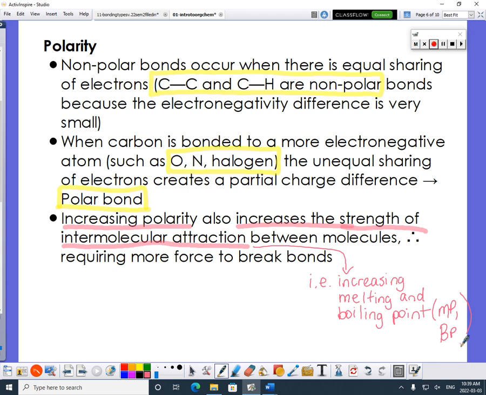If you printed off all the notes and you happen to take a look at it, you would have noticed that it's very structured very similarly. You do the naming, you do the drawing, you talk about properties, and eventually talk about reactions. So basically, we're just rearranging the atoms on the chain.